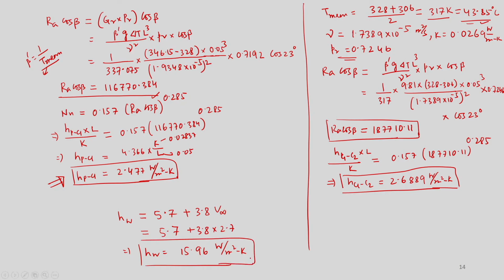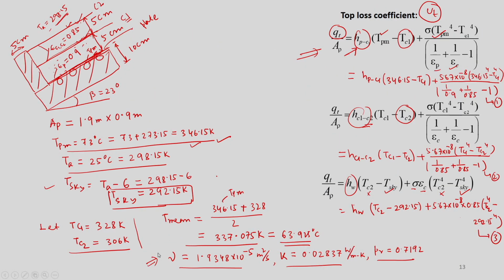So, we now know h p c1, h c1 c2, then h w. Now go back to our expression. These values are calculated now, this is known, this is known, this is known, and these are the assumed values.